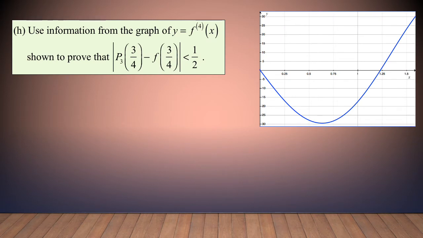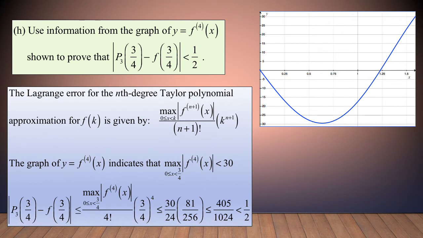In H, you are asked to use information from the graph of y equals the fourth derivative of f of x shown to prove that the absolute value of P3 of 3/4 minus f of 3/4 is less than 1/2. As stated, this expression is the Lagrange error.